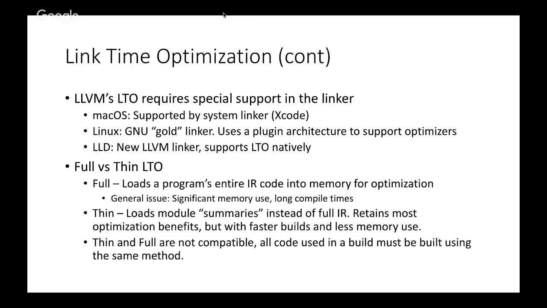Then when it needs to generate the machine code, it pulls in the actual IR bits that it needs. And so you get dramatically reduced memory use and faster compilation, and it seems like they've managed to retain most of the optimizations that you actually get. So this is what's happening in thin and full. The other thing is they're not compatible with each other. So if you actually try this, you need to pick one, build with thin or build with full, and then you need to use that for everything you do.